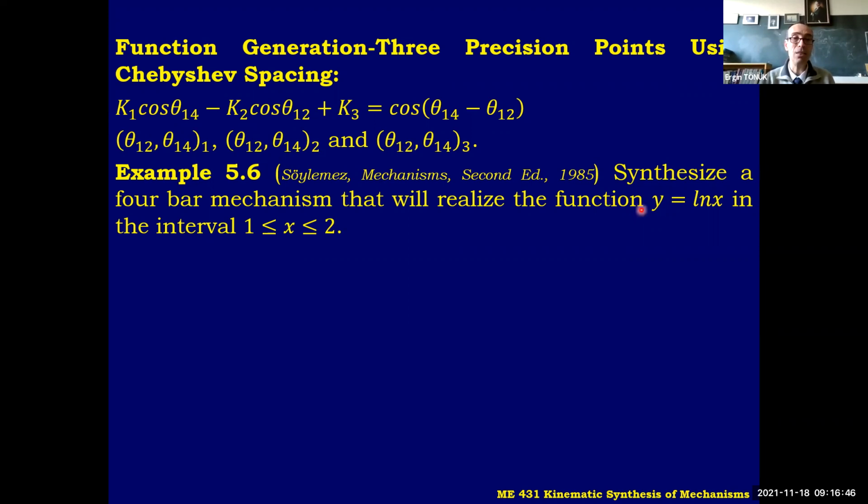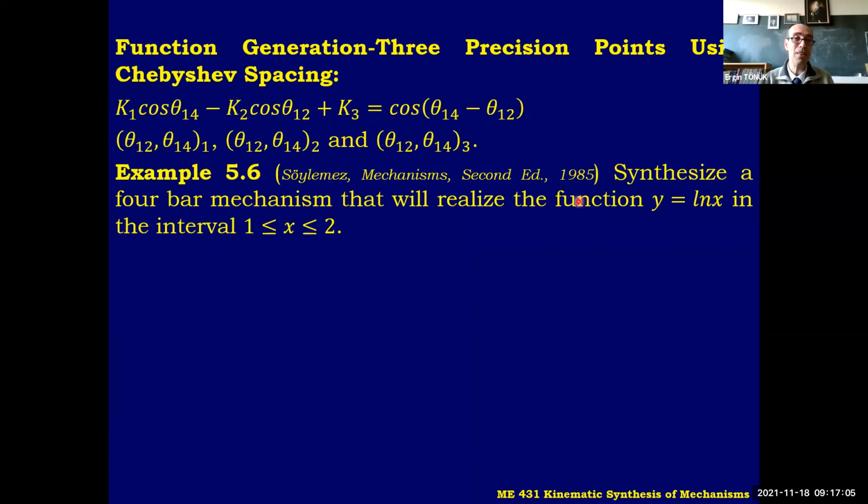The function is exact at these 3 points, and in the remaining points, we will try to minimize the error between the function generated by the mechanism and the function that is required, okay?